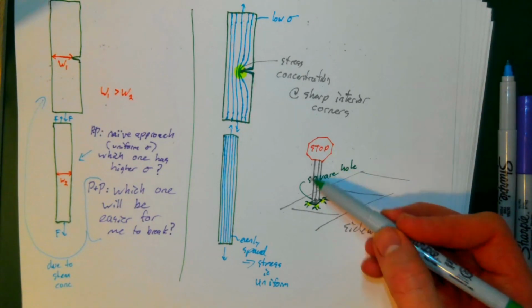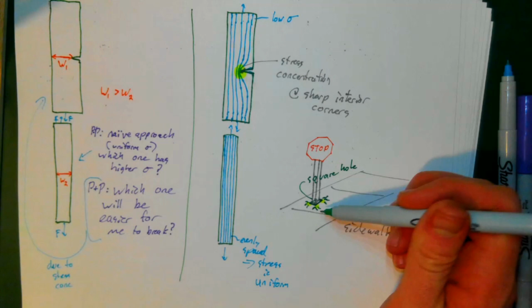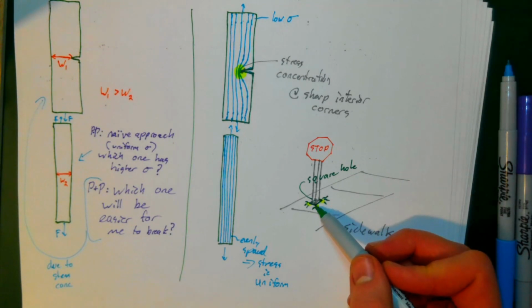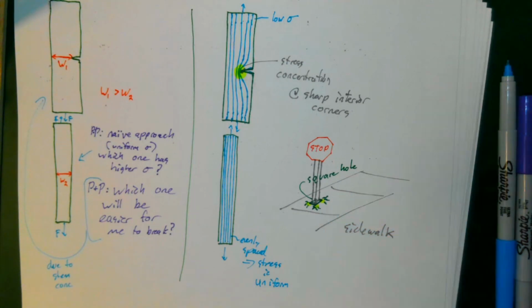So every time you're walking down the street, just look at the bottom of these square holes, and boom, without fail, every single time you'll see cracks. So as an engineer, what do you do?